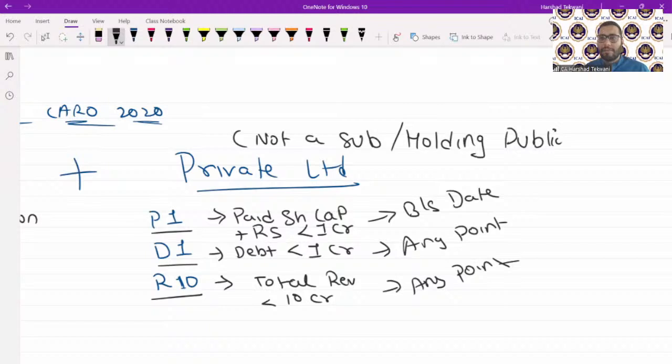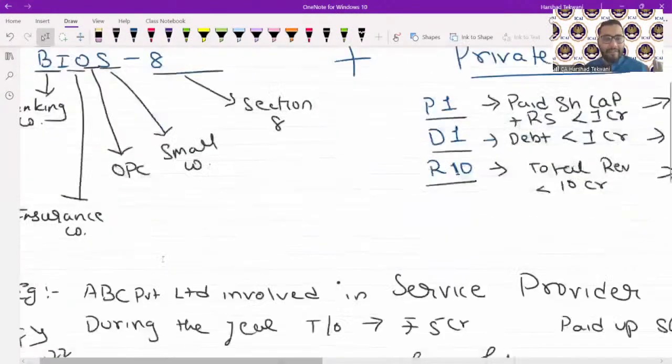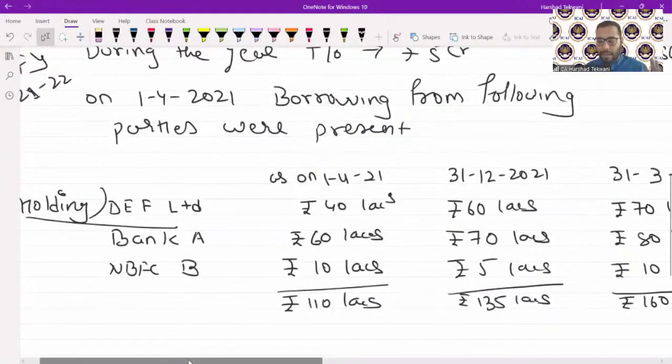If it is not a subsidiary or holding of a public company, then only I will go and check the rest of the conditions. Otherwise, I will not check the rest of the conditions. It is directly applicable. In the current case, when I say DEF Limited is a holding company, directly irrespective of the conditions, CARO 2020 will be applicable.